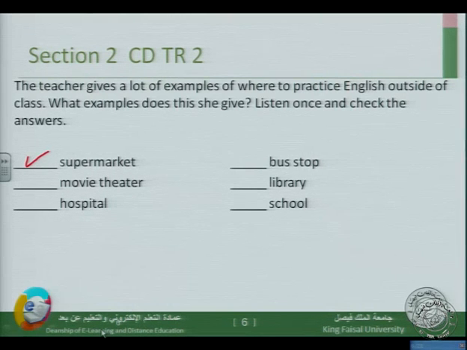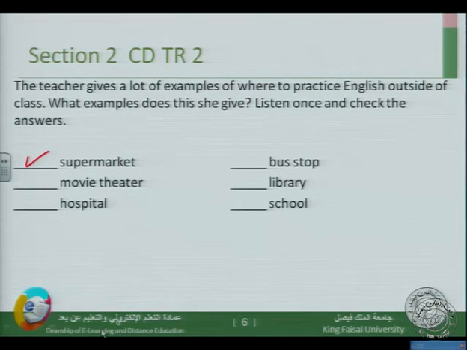Or the price of rice is too high, okay, or expensive. So this is how you can start a conversation in a supermarket. You don't want to ask him questions about his personal life, right? You're going to ask him questions about the prices of the food. Also, so now you practice English in the supermarket, right?